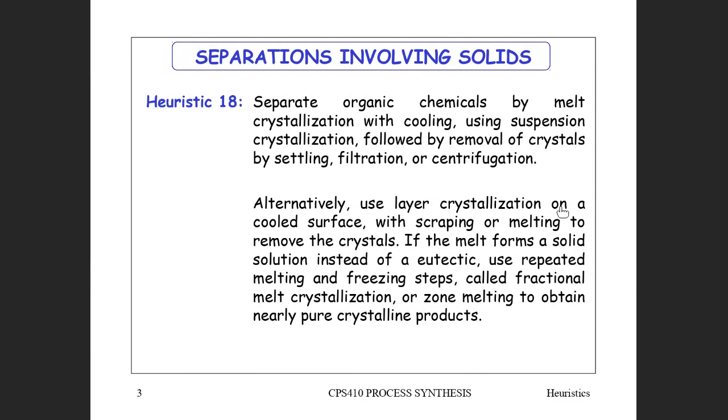Yep, that's right, if you can. And so it's not always that you're going to get this nice pure crystal forming, but even if you do, sometimes you can do repeated steps of fractional melt crystallization.